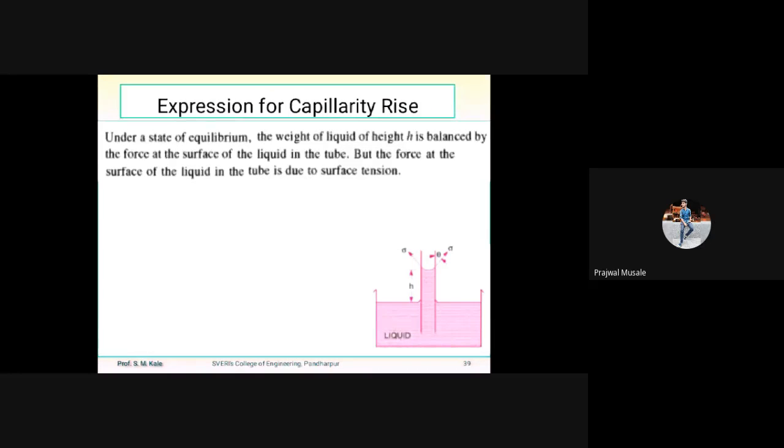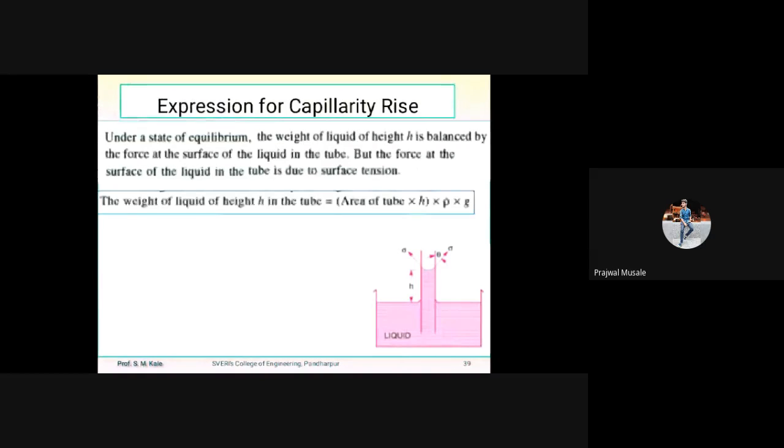So first of all, if I'm going to calculate the weight of water, or weight of liquid of height h, then the weight of water inside a capillary tube of height h will be equal to the volume of that capillary tube into rho into g, because I know that weight density is rho g per volume.